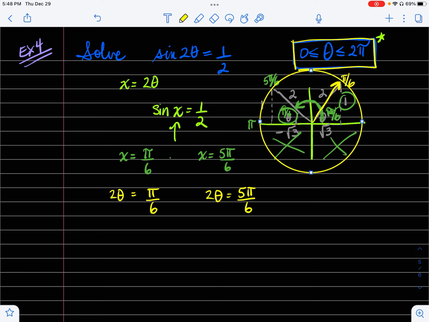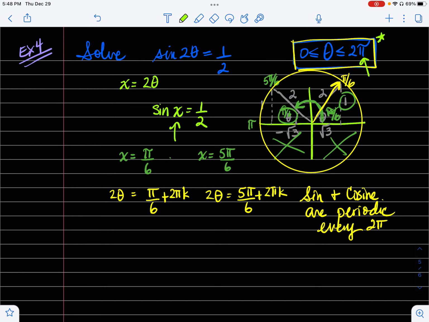Like I said in the previous example, sine and cosine are periodic every 2 pi, which means if I add 2 pi times k, that has incorporated a lot of answers for us. Let's go ahead and start finding them, while keeping in mind that we cannot get above the 2 pi. Okay, we're going to use our k values 0, 1, 2, so on and so forth.